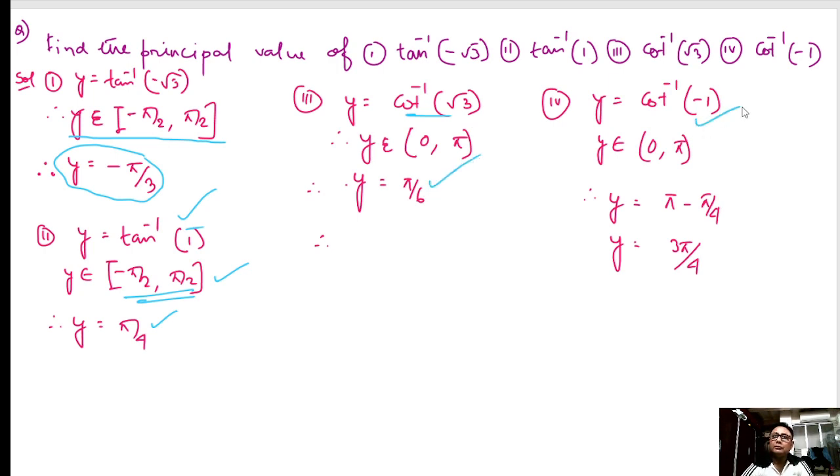Cot inverse minus 1 is minus pi by 4, but it has to lie between 0 to pi, so I cannot take minus pi by 4. I have to do pi minus pi by 4, which comes to 3 pi by 4, and it is between 0 and pi. Clear?